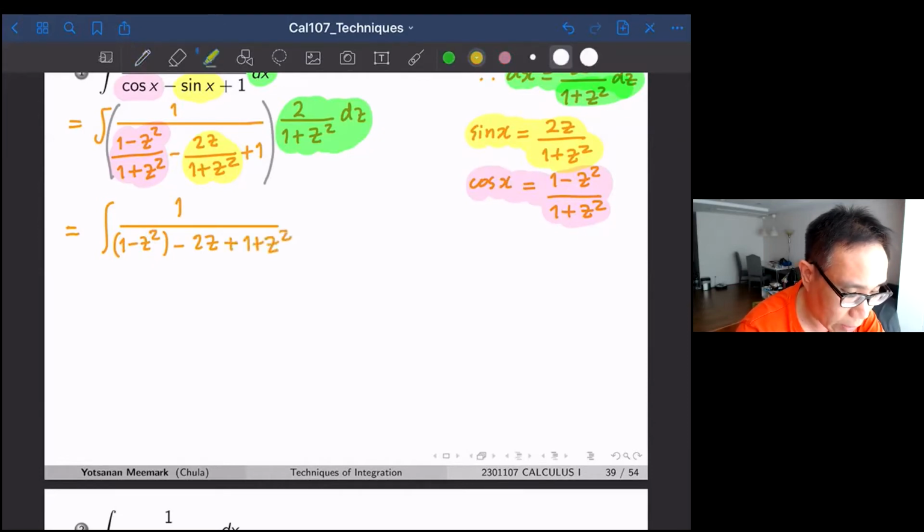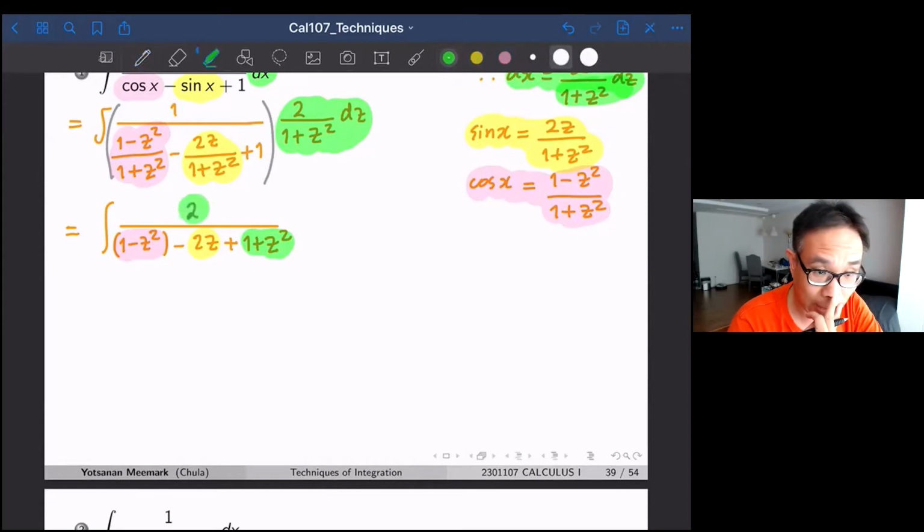Let me highlight to see whether you get the color. This one is the yellow, this one is the pink, and this one is the green one multiplied with 1. On top, instead of 1, you would get the number 2, and this comes from the green color as well.